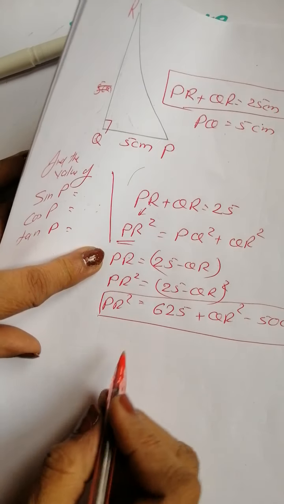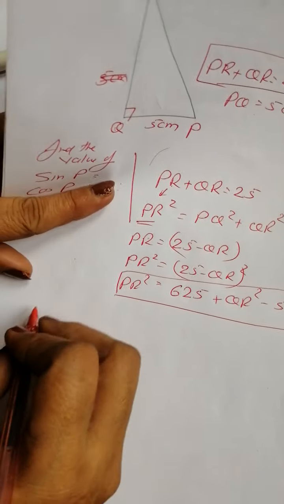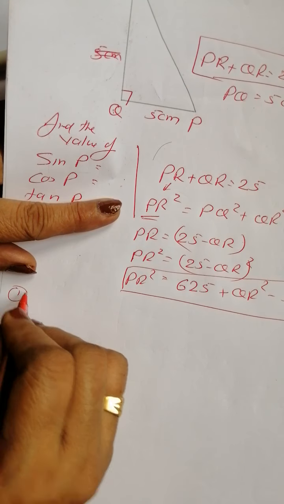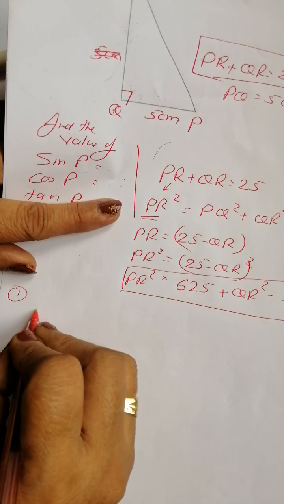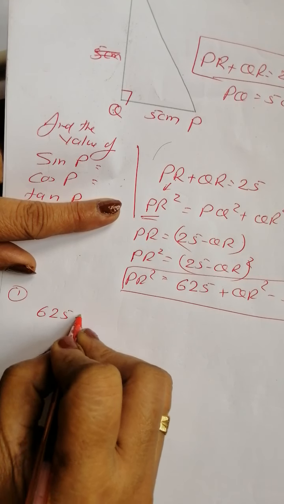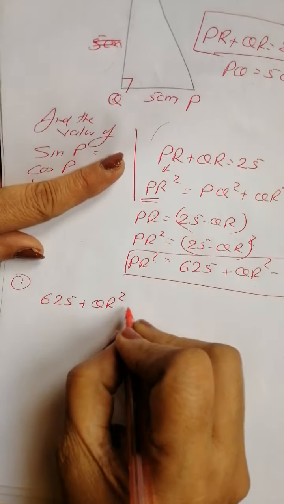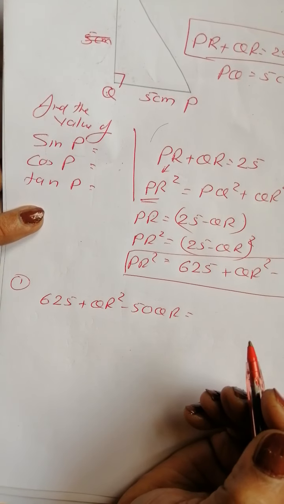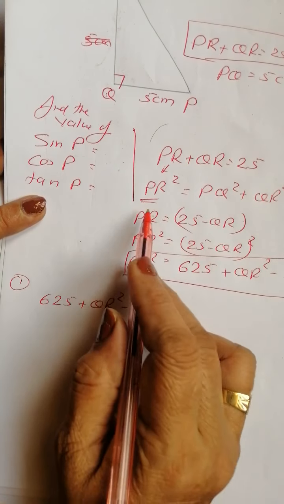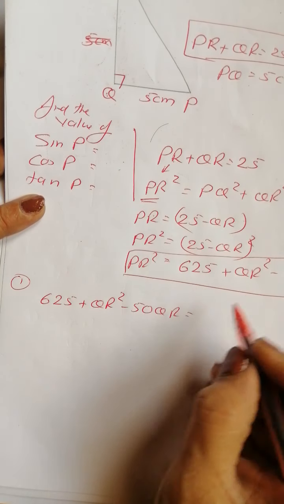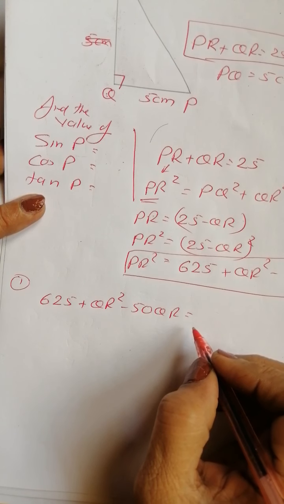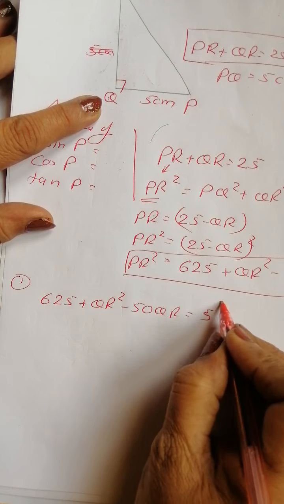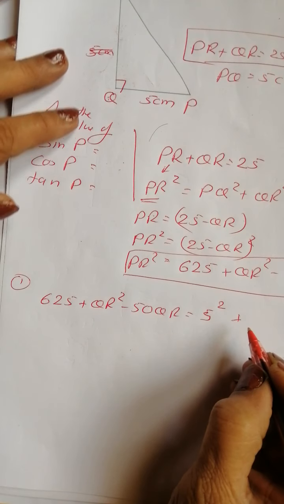Now we will put this in the Pythagoras theorem. PR square, this is equation number 1. So PR square is 625 plus QR square minus 50 QR, equal to PQ square plus QR square. What is PQ square? 5 square plus QR square.